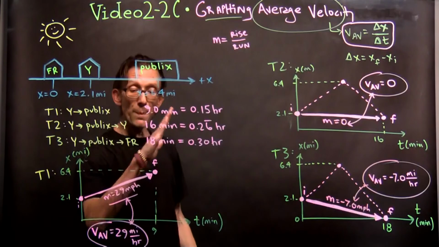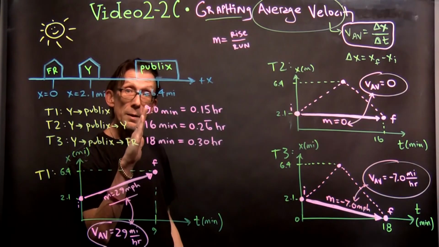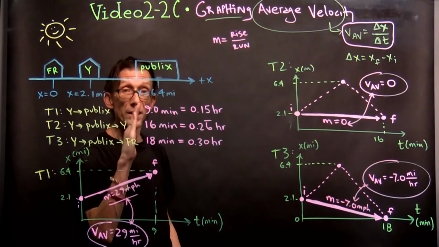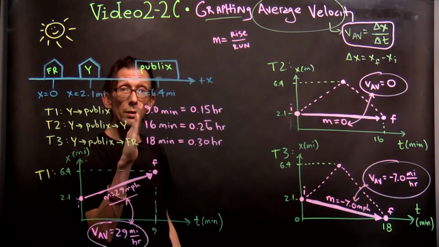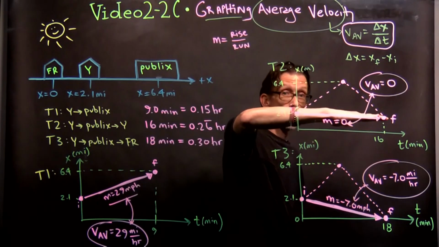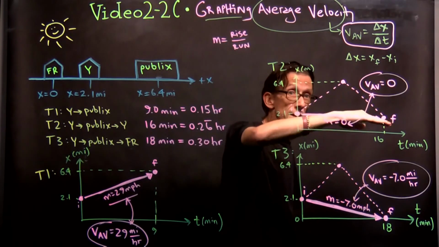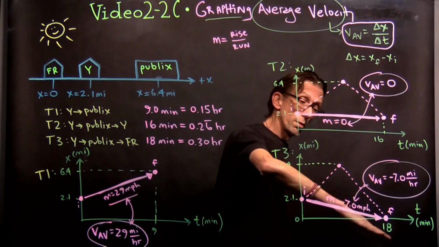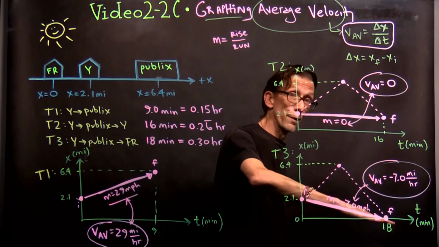If this was very steep like this, it'd be a very, very high positive average velocity. 0 like this, it's not going anywhere. The average velocity was 0 because it went nowhere. It started off and ended at the same location. Here, this is a slight negative velocity.